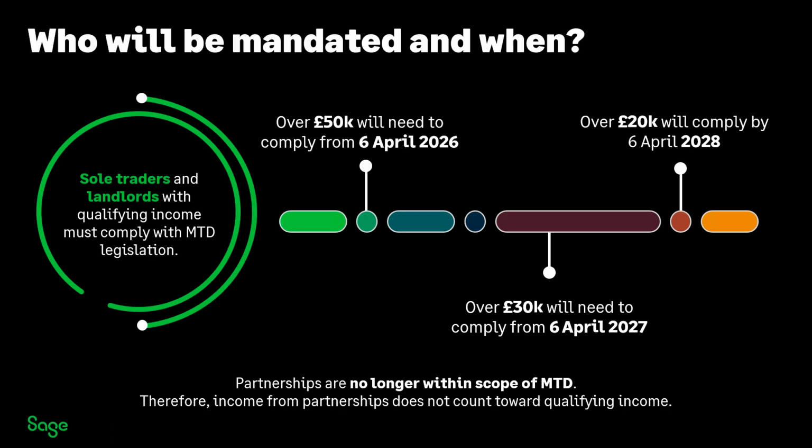That's when you'll need to comply by 6th of April 2028. The scope of who is impacted by legislation has also slightly changed. If you have heard all about this beforehand, HMRC decided income from partnerships no longer counts towards qualifying income.